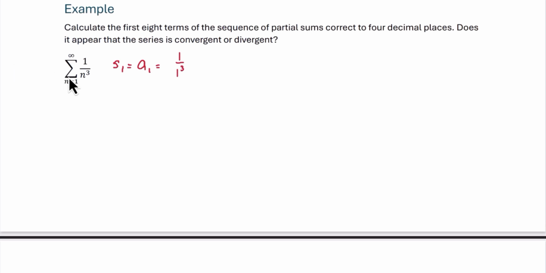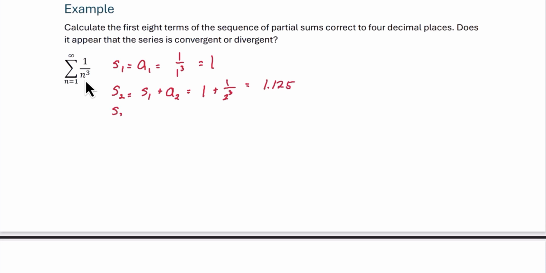We're just plugging 1 in for n, and that will give us 1. S2 is the previous sum plus the next term in the sequence, A2. So we have 1, the previous sum, plus 1 divided by 2 cubed. This is 1.125.